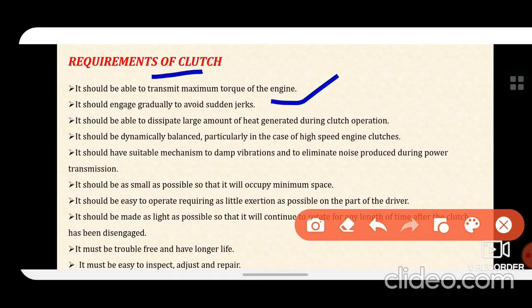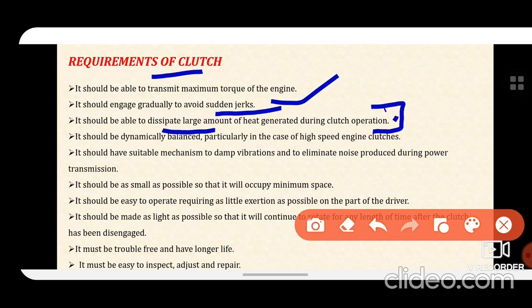Then it should engage gradually to avoid sudden jerks. It should be able to dissipate a large amount of heat generated during the clutch operation. Now heat is generated because clutch comes in contact with other rotating parts of an engine.